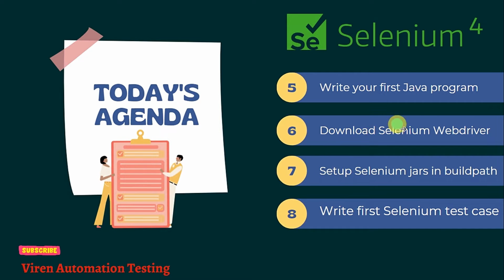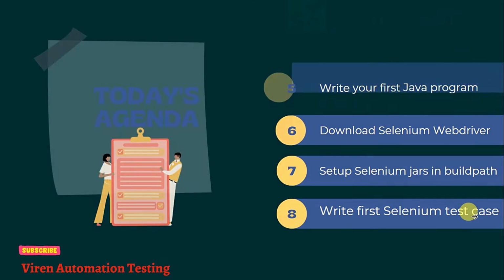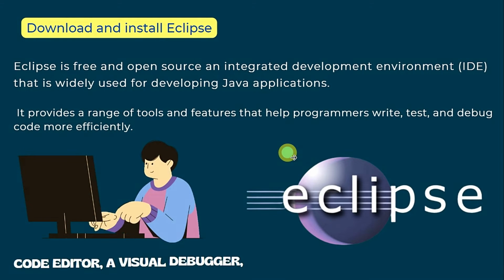Then we will set up the jars in the build path, and once this is done, we will write our first Selenium test cases and execute them on our systems. So let's switch to the Eclipse installation part.